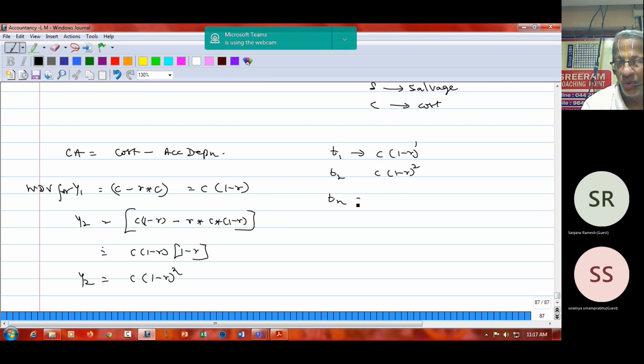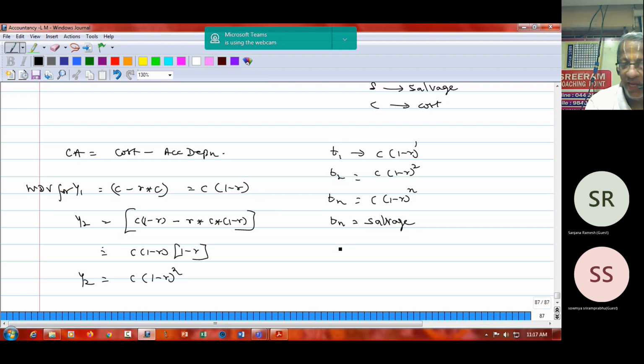Term n is C into 1 minus R to the power n, where term n is equal to salvage value.